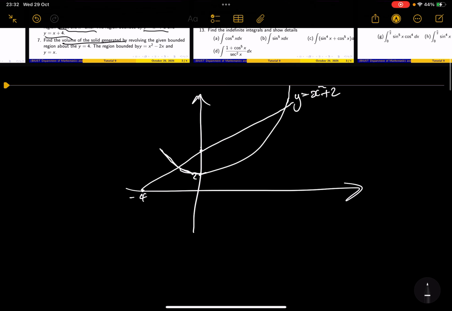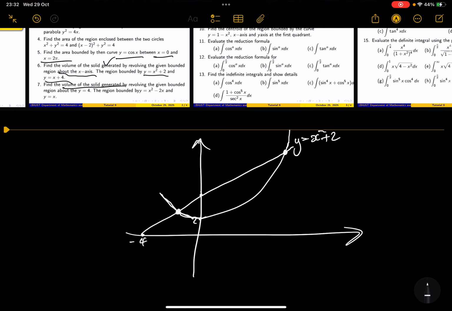So now you have these two intersection points, and you want to find the volume of the solid generated by this region. So find the volume of the solid generated by revolving the given bounded region about the x-axis, the region bounded by.